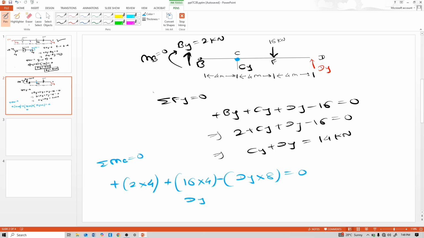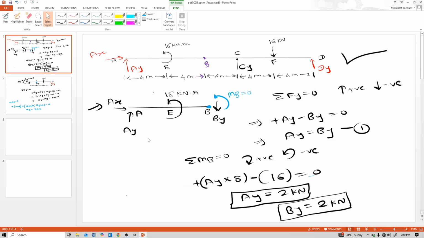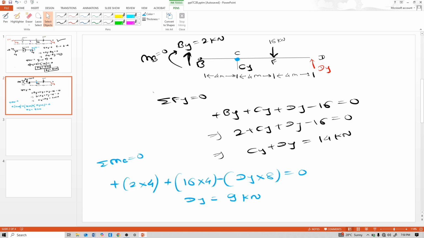So positive 2 into 4, positive 16 into 4 minus DY into 8 equal to 0. So DY is 9 kN. So AY is 2 kN and DY is 9 kN.